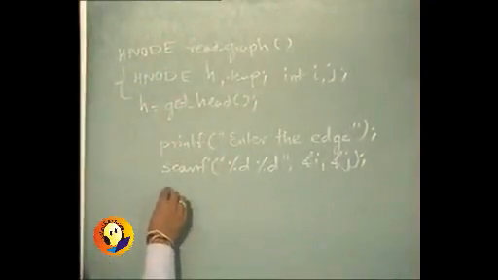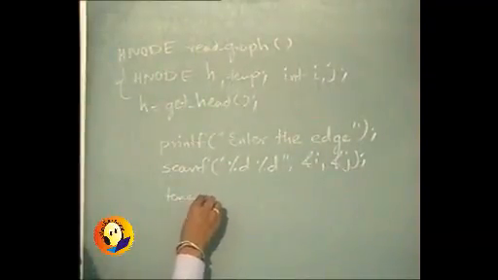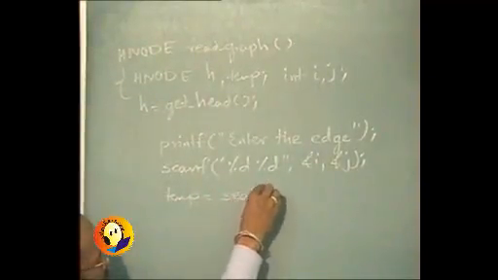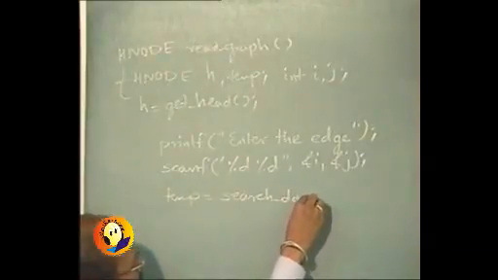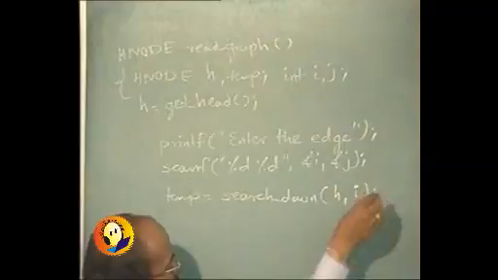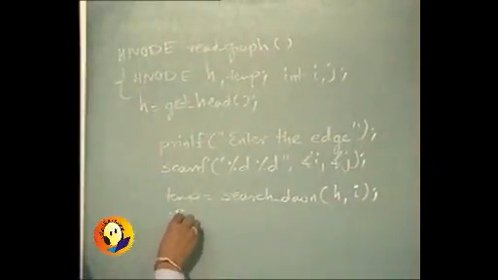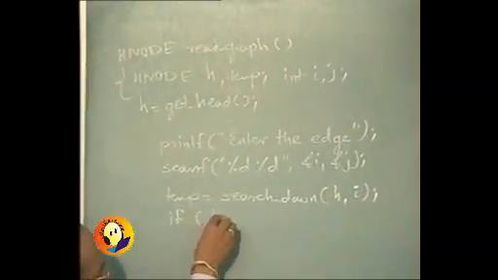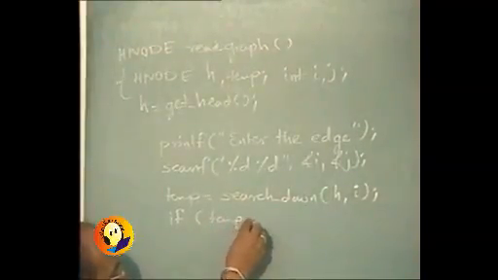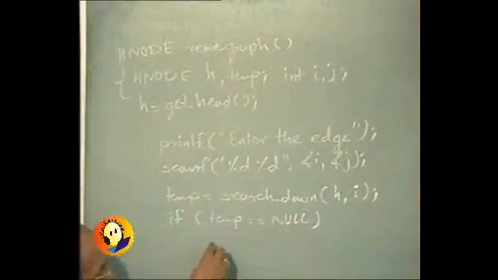Now I will say temp equal to search in the down list from that header I. Possibilities are either it is present or temp becomes null. So I will just check if temp is equal to null, then I will have to append down list.